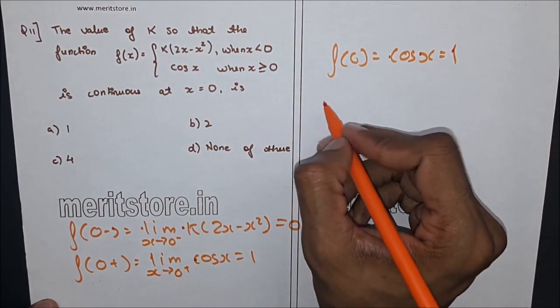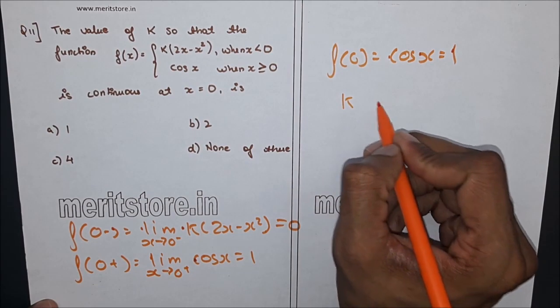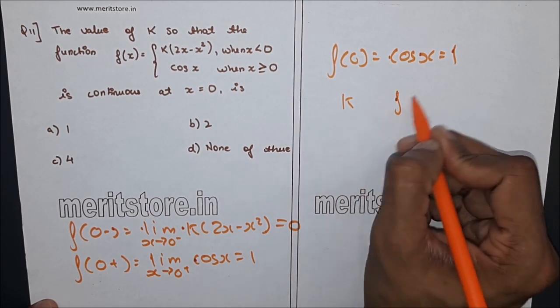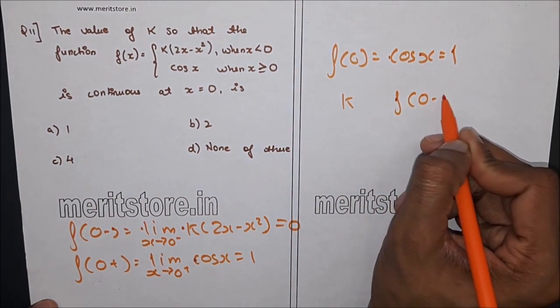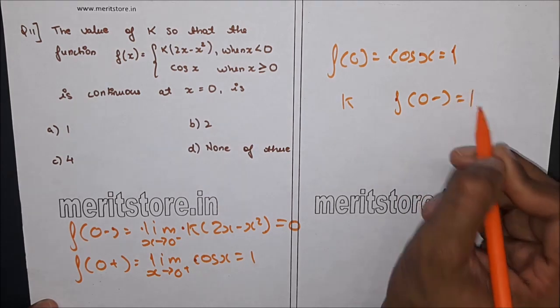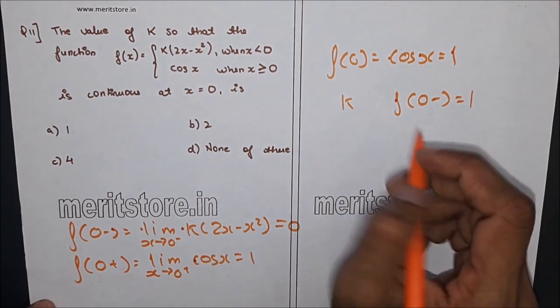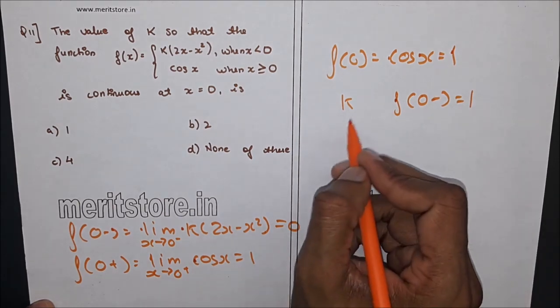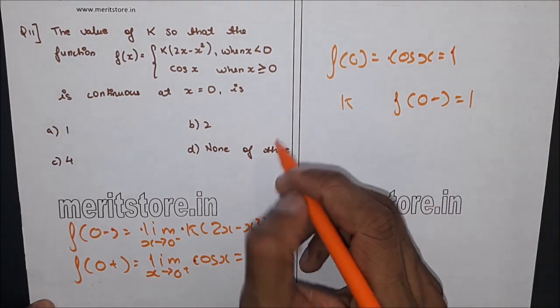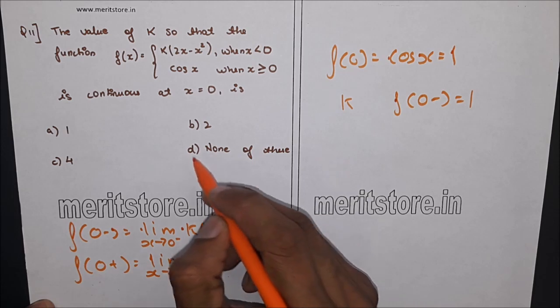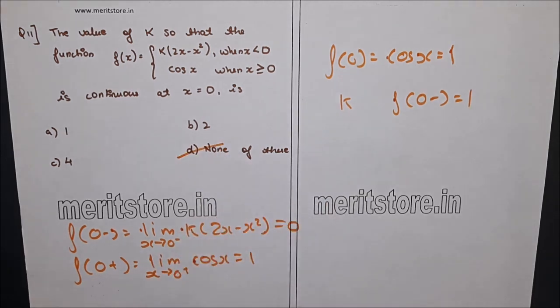Hence, no value of k can make f(0) from the left hand side equal to 1. Therefore, we see there is no value for k in this, so option D, that is none of these, is the correct answer.